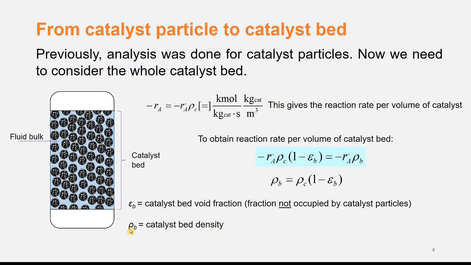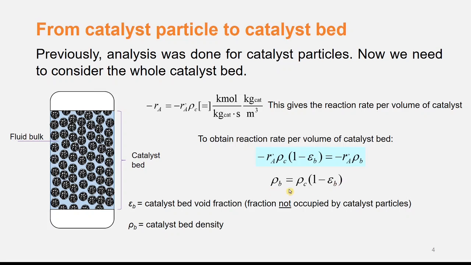So it will be smaller than the catalyst density because the bed volume includes all of the void spaces. The bed density is the catalyst density multiplied by the fraction of bed volume that is catalyst pellets, or 1 minus epsilon b.